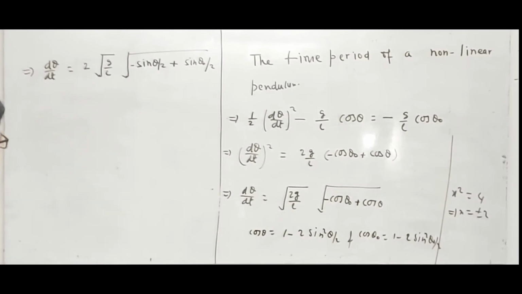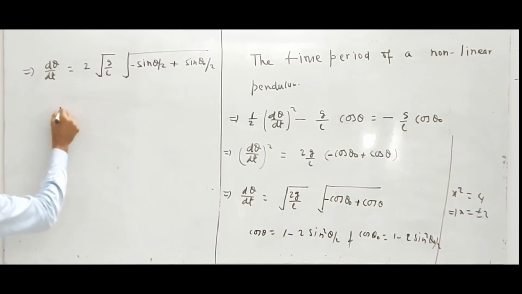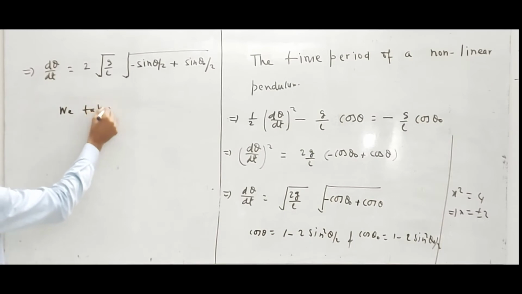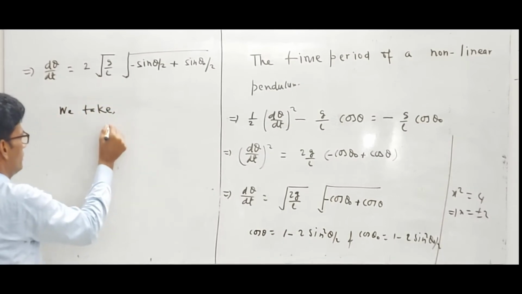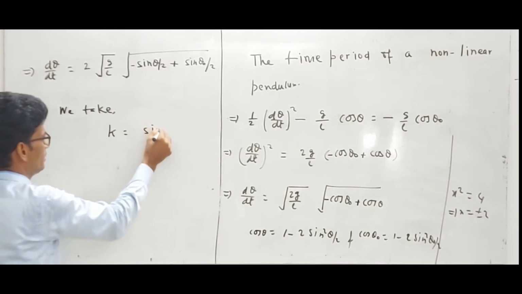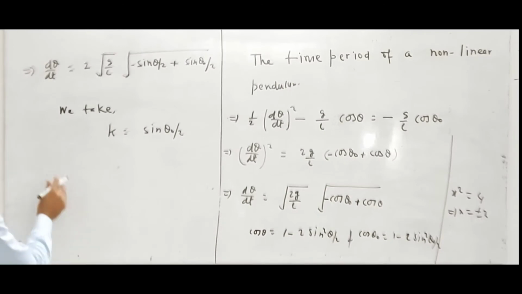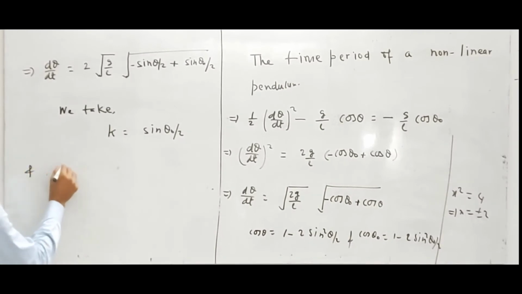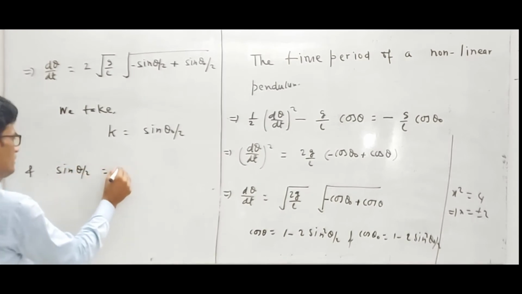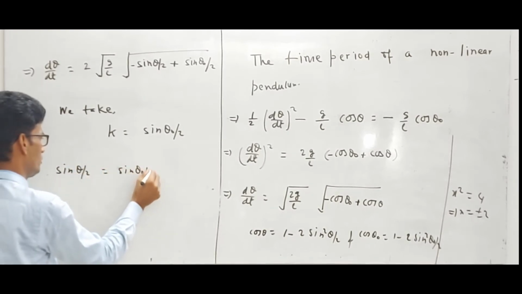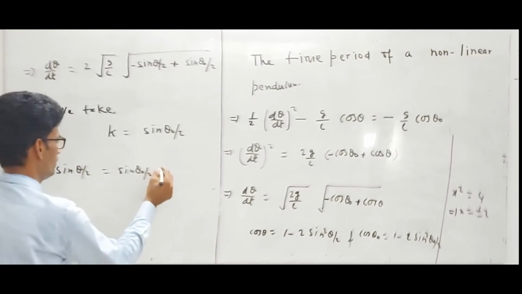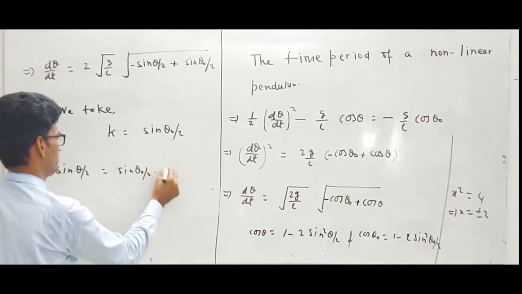Now what we have to do? We want to find the solution here. So we assume that we take, say, small k is equal to sin theta naught by 2. Okay, and sin theta by 2 as sin theta naught by 2 into sin phi.